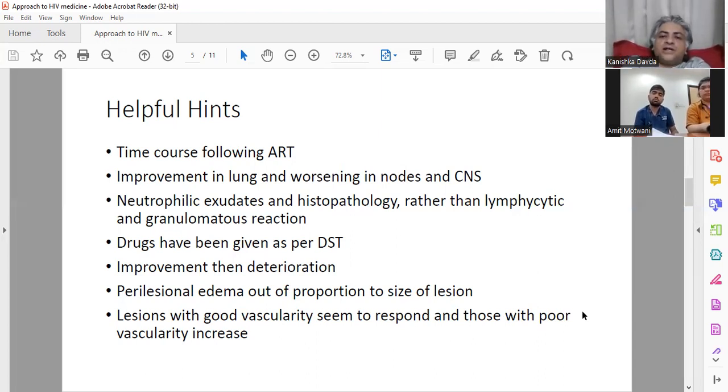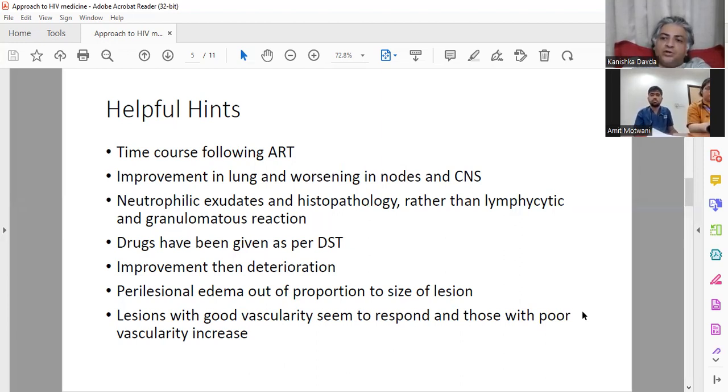So how to differentiate resistance or disease progression from IRIS or the paradoxical response? These few points can help us. First, the time course following the ART. Usually what happens is that after you start ART, the patient feels better for some time and then worsens, when it is a matter of IRIS.